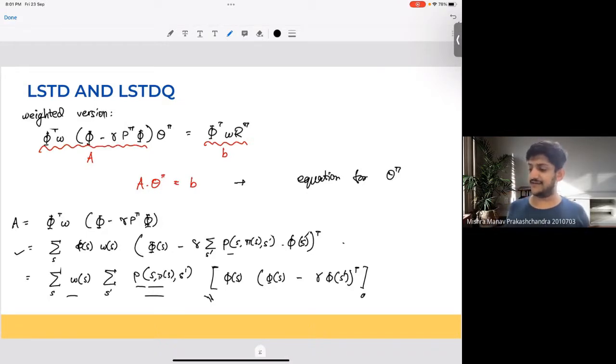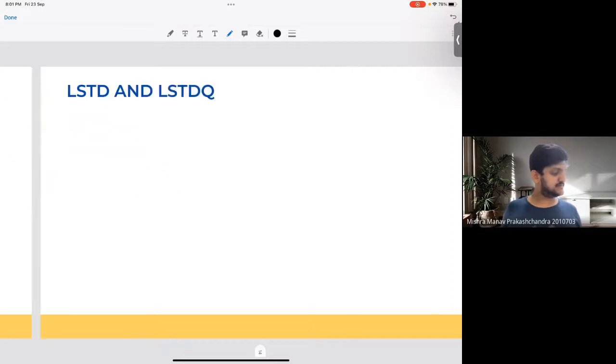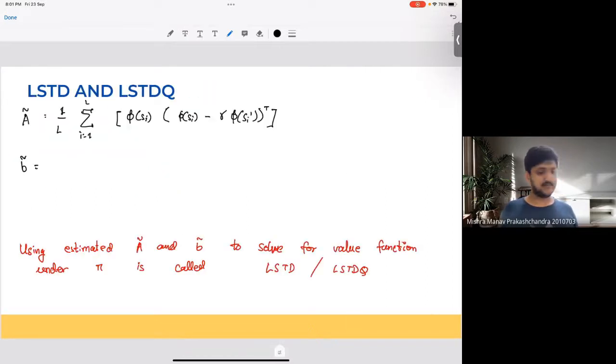And my B tilde representation. If I just roll out the B equation, I'll end up with some complicated function that I need to estimate.